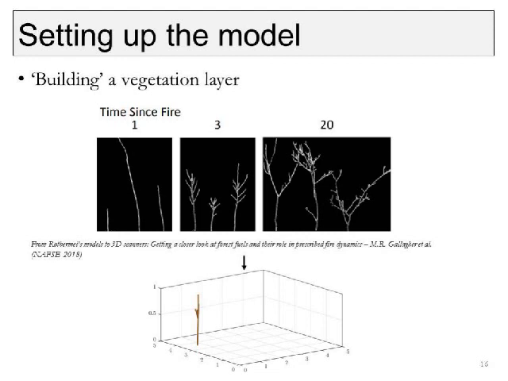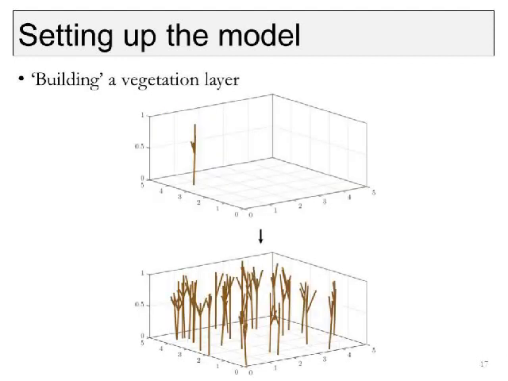And from that, we can have some average properties and maybe some randomness that we add empirically based on all these scans. We can use that to make a sort of quasi-random shrub that we populate into our model. And then we can do this many times, and in this way we're building up what a fuel layer might look like for these shrubs, say 3 years after a fire.